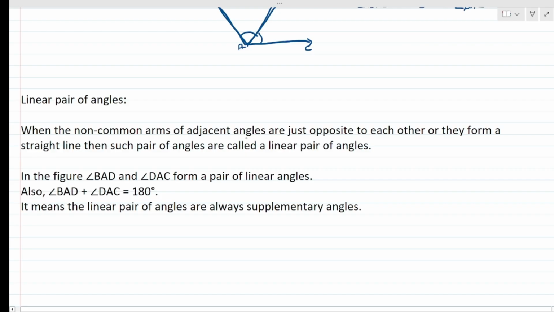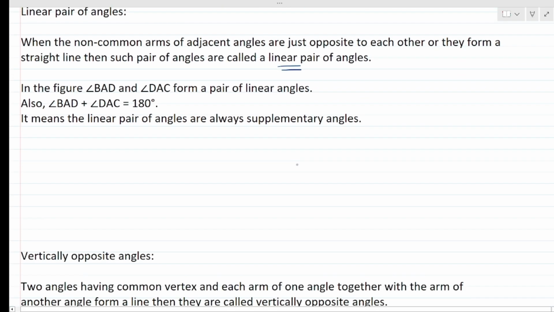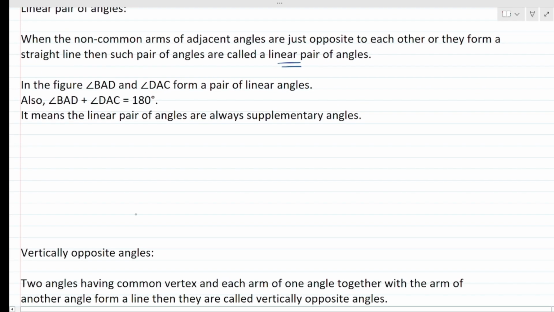Okay, moving on to the next pair of angles, which is called a linear pair of angles. When the non-common arms of adjacent angles are opposite to each other, or they form a straight line, such pairs are called a linear pair. We can understand it with the help of an example. As shown in the figure, I am taking my angle BAC, and this is my ray D. So angle DAB and angle DAC form a linear pair.